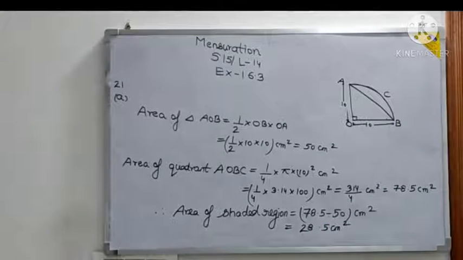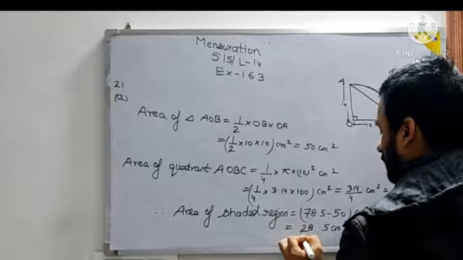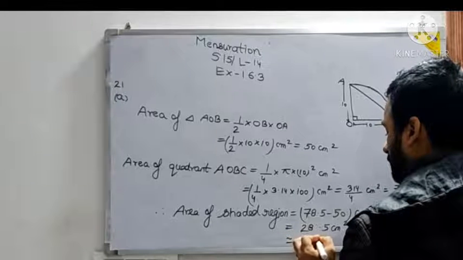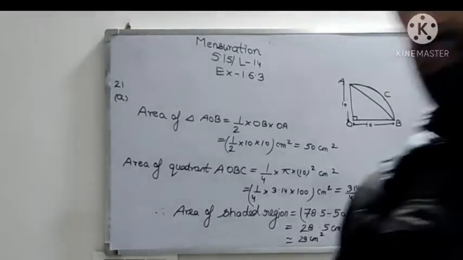This should be the answer. And see, they have said one more thing in the question: correct to two significant figures. That means you will round it off. It will be 29 centimeter square. Since it is 5, we will be rounding off, so it will be 29 centimeter square. That will be the answer here.